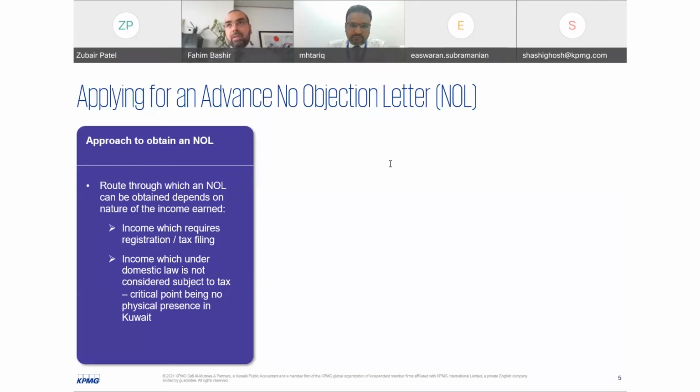So, just setting the scene, the NOL is issued by the tax authority. It's contract specific, normally amount specific, but can be for the life of the contract. If it's amount specific, then it will probably be issued on an annual basis, retrospectively, once the annual revenue of the invoicing has been declared to the tax authority.